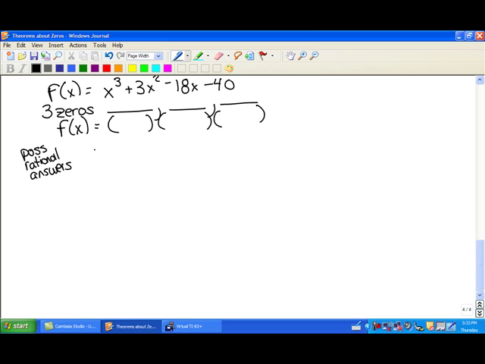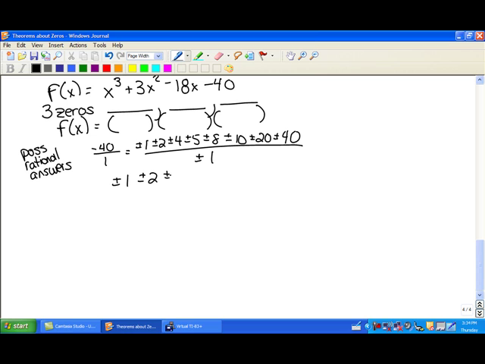In doing that, we'll take the factors of negative 40 and divide by the factors of 1, which will be plus or minus 1, plus or minus 2, plus or minus 4, plus or minus 5, plus or minus 8, plus or minus 10, plus or minus 20, plus or minus 40, all divided by plus or minus 1, which will give us a final list of just those top numbers. These are all the possible rational answers that this function is going to have.